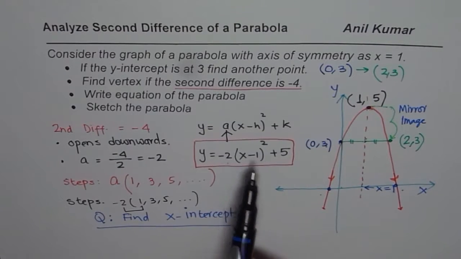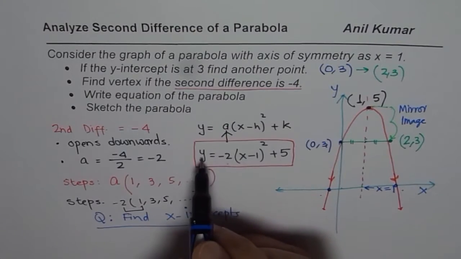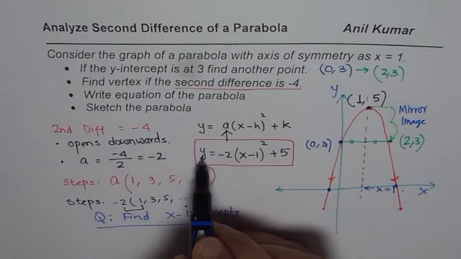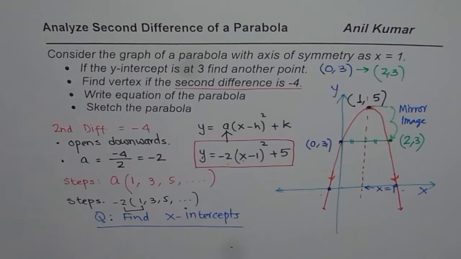This vertex form can be modified to find the x-intercepts. If you write 0 for y and calculate x, you will get your x-intercepts. Once you know all these points, a perfect parabola can be drawn. That is how you should solve such a question.